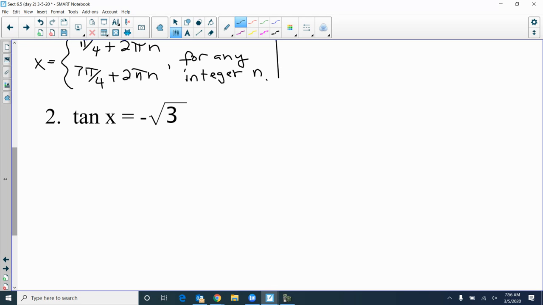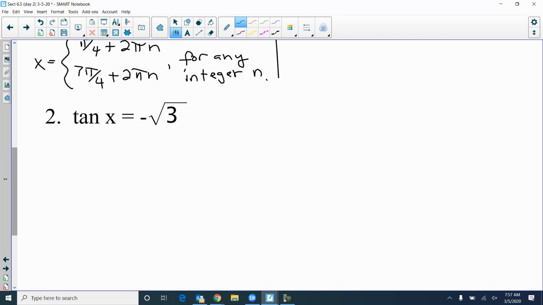So the 30 is 1/2 over square root of 3 over 2, and the 60 is square root of 3 over 2, 1/2. Okay, which one is it going to be?